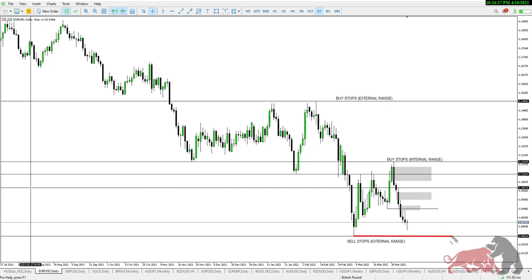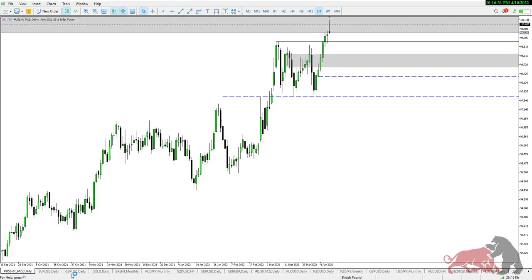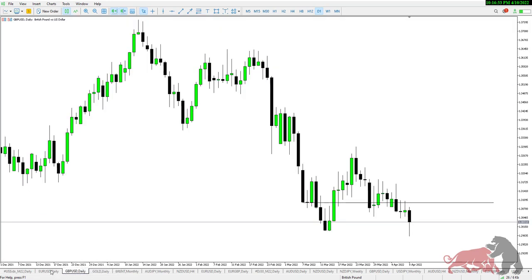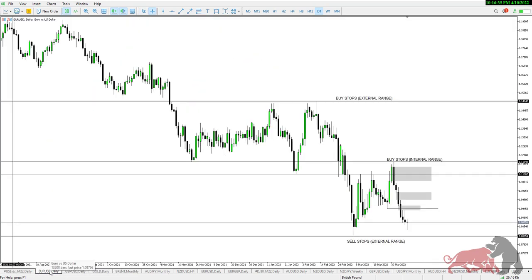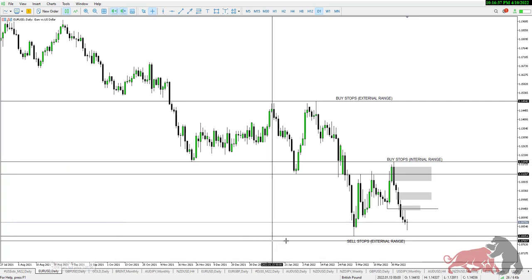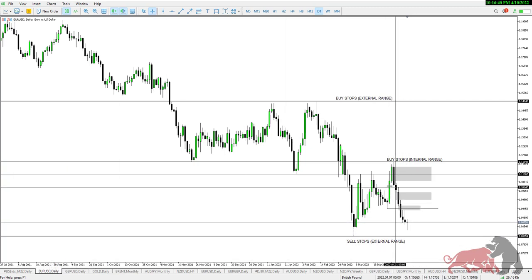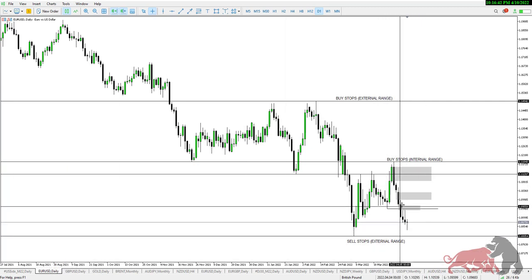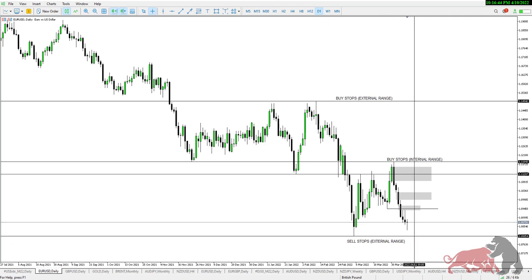What does this mean in relation to what price action we are seeing in dollar and pound USD? What does it mean in regards to Euro USD? The fact that Euro USD did not create a new lower low signifies to us that there's reaccumulation.